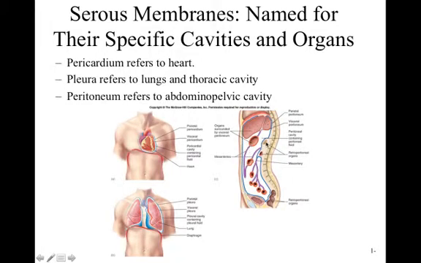But there's organs here: the kidneys, the bladder, the colon. They're called retroperitoneal because they're behind the peritoneum. If this is the anterior side, the dorsal side, they're behind the peritoneum, and they're called retroperitoneal organs. So they don't actually have that membrane around them.